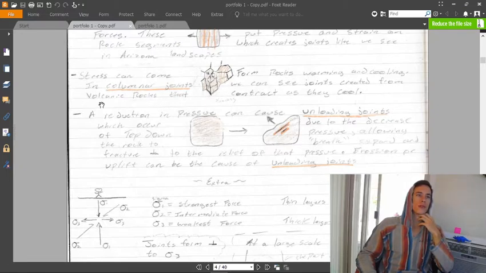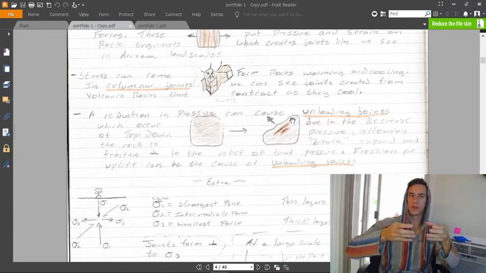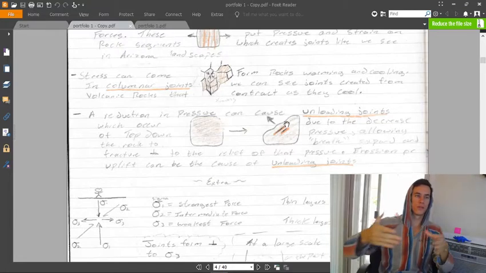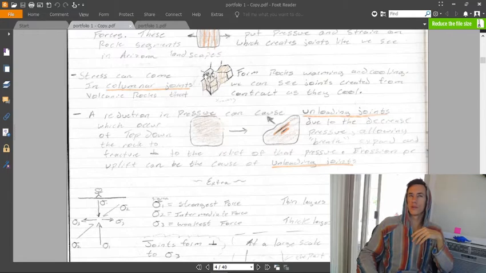You can see joints created from volcanic rocks that contract as they cool. As they're shrinking, they create these shapes that are usually, I think, 120 degrees in relation to each other.